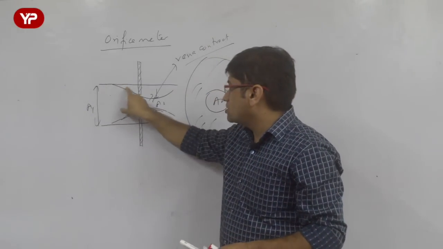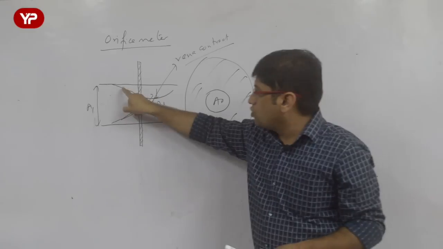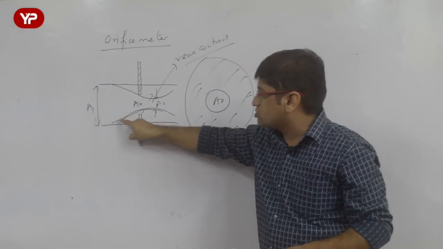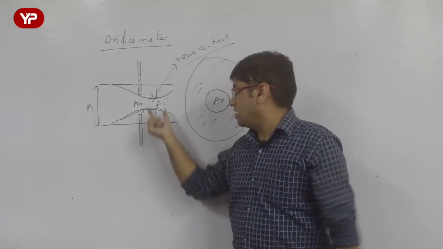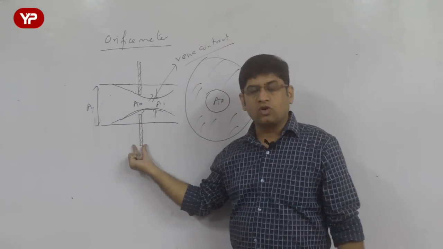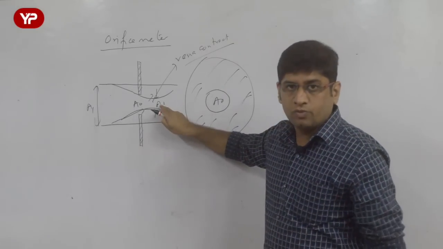When the fluid flows, because of the obstruction of this orifice, the fluid flow lines or streamlines are going to follow some path, and the minimum cross section is hit a little downstream of this particular orifice, and hence the cross section there is minimum, that is A2.